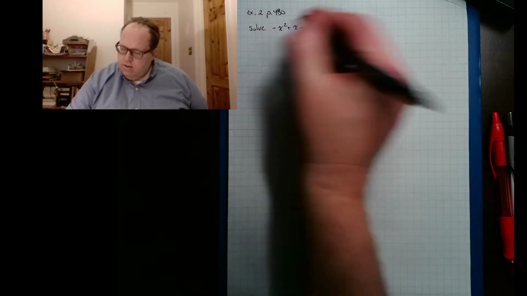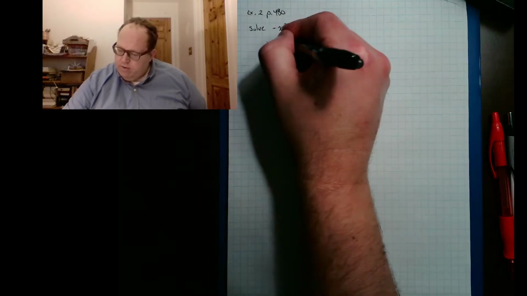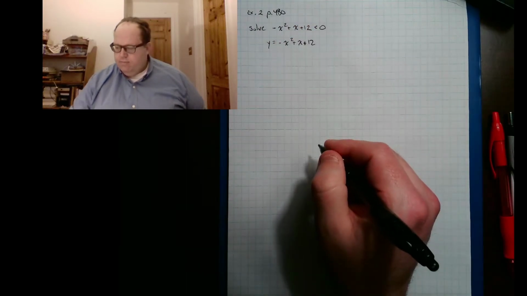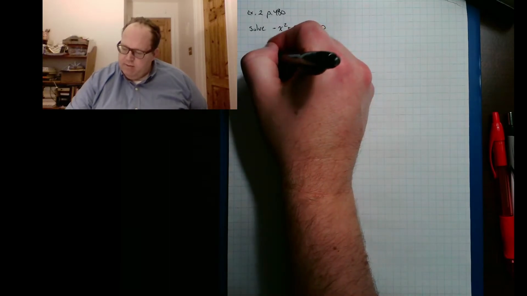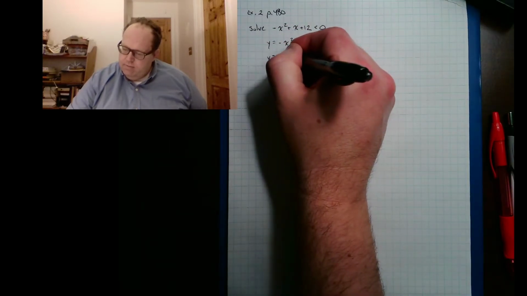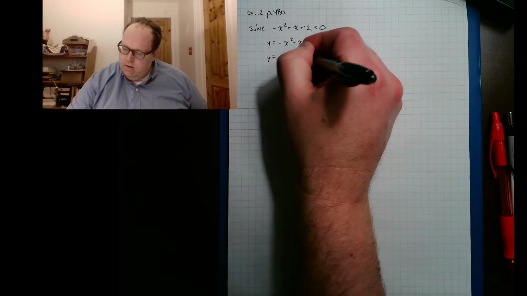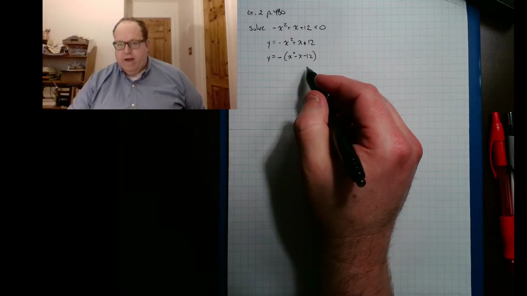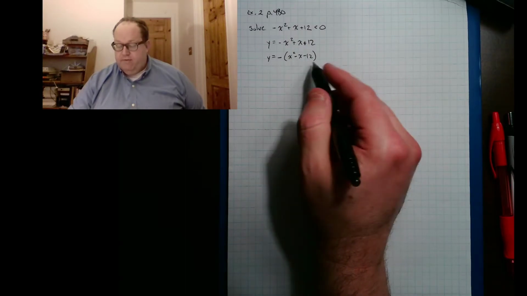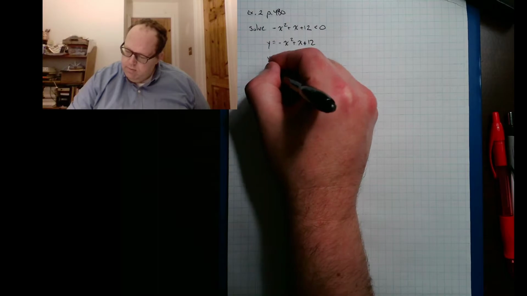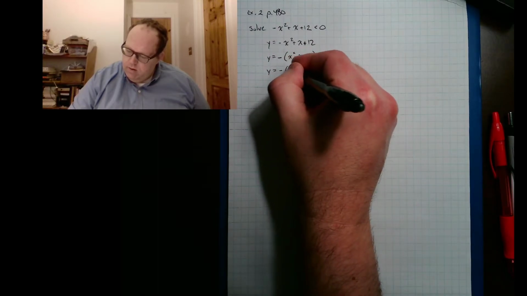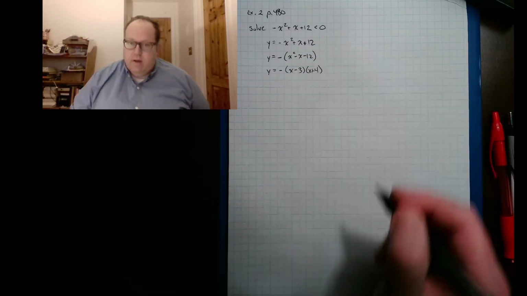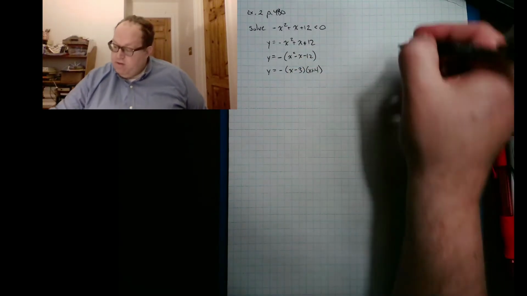So if I graphed y equals negative x squared plus x plus 12, I'm going to factor my negative out front. And then this thing does nicely break down into two factors, positive 3 and negative 4. And that's enough for me to sketch a rough graph of this thing.